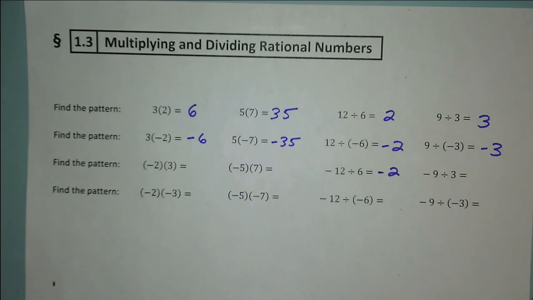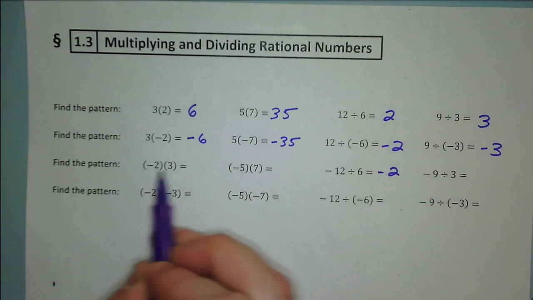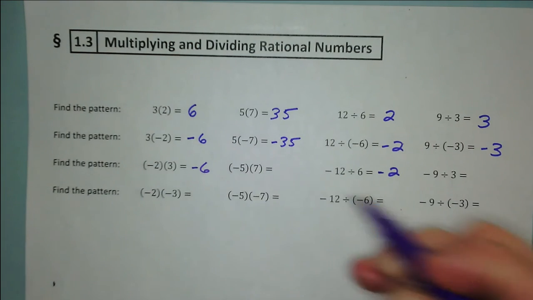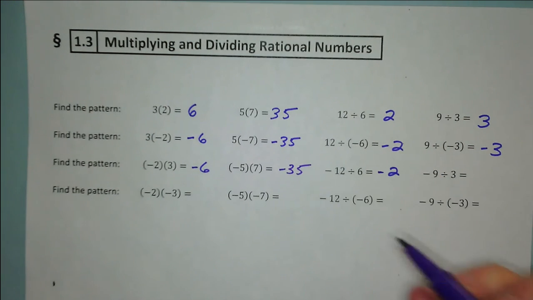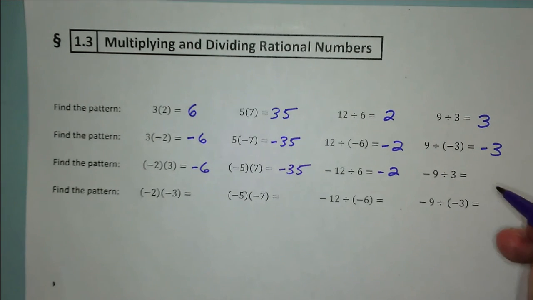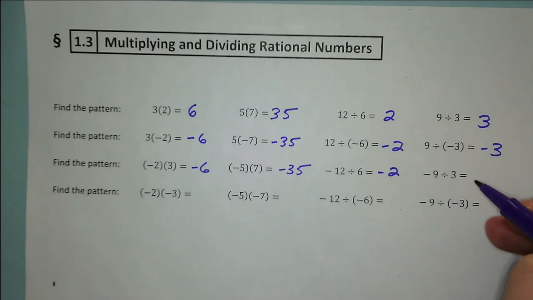If the signs are different, the final answer is negative. You should know that rule. You're a little bit handicapped, so to speak, even though you do have a calculator handy at all times. It really helps to understand and know these rules.